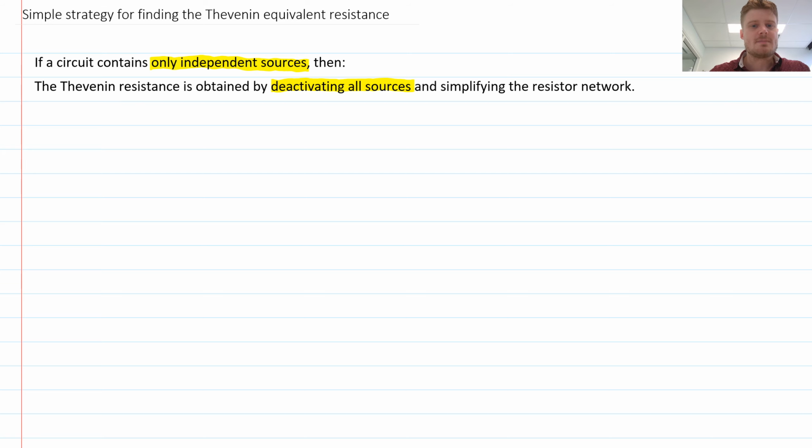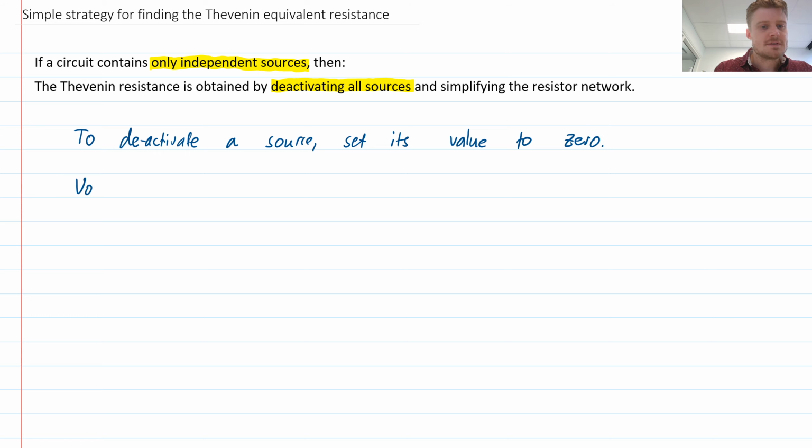So let's talk about what we mean to deactivate a source. To deactivate a source, set its value, so the voltage or the current, to 0. So let's have a look for a voltage source.